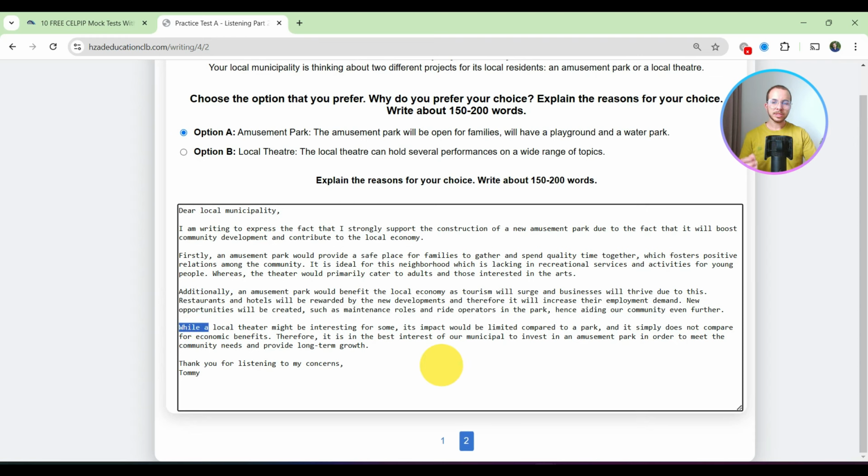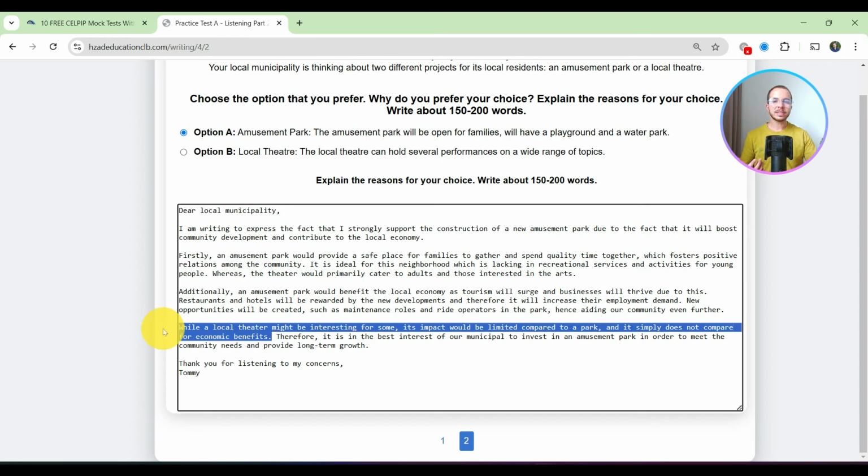Next, we are using transitional words to get into the drawbacks. While a local theater might be interesting for some, its impacts would be limited compared to a park. And it simply does not compare for economic benefits. Therefore, it is in the best interest of our municipal to invest in an amusement park in order to meet the community needs and provide long-term growth.